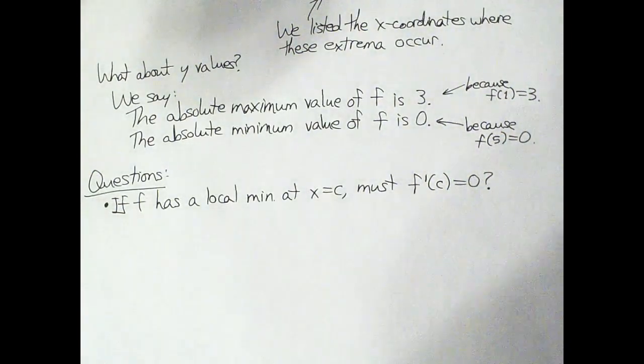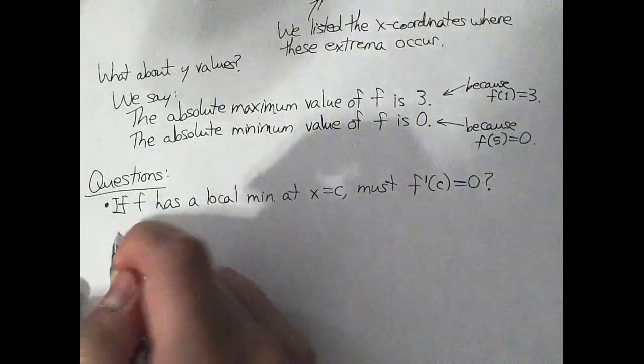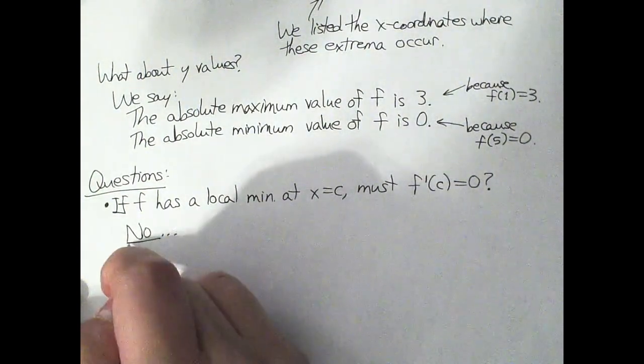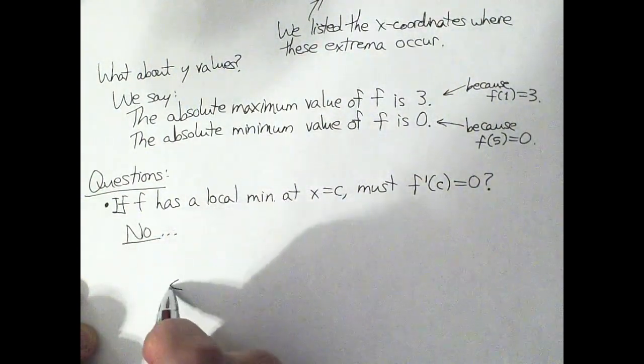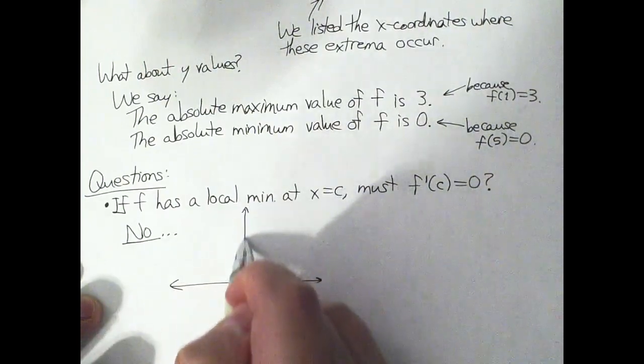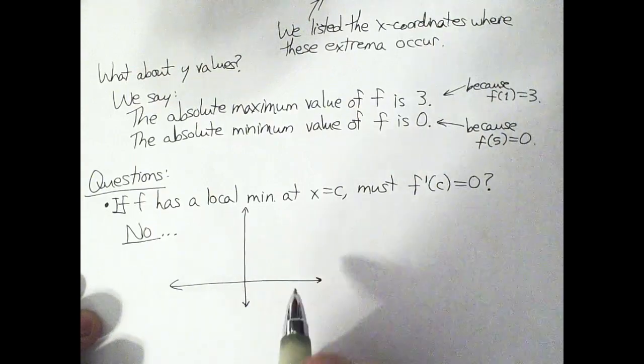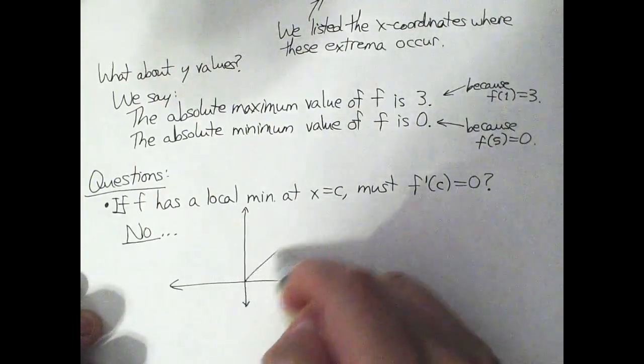Do you think, in general, not just for the function that we drew a minute ago, but for any function, if there's a local minimum at x equals c, that the derivative has to equal 0 there? The answer is no. And I'll show you what we call a counterexample, a reason or an example of why this is no. Consider this function.